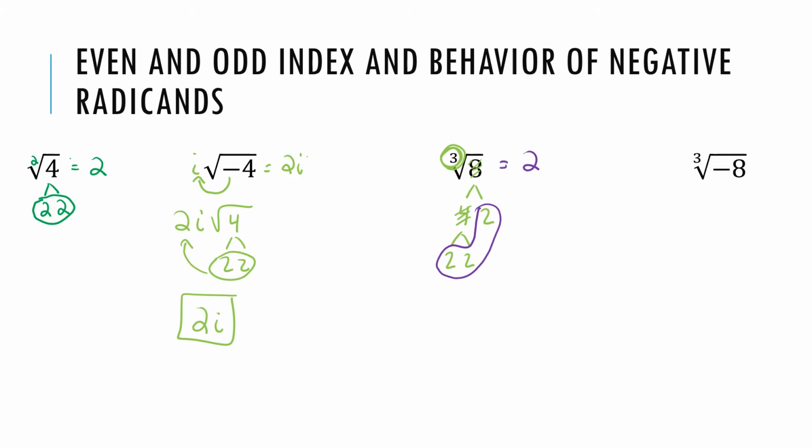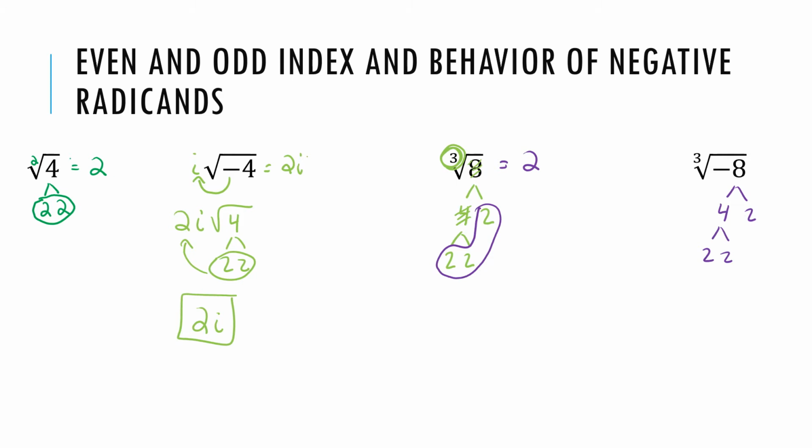Now when it comes to the cube root of negative 8, you can play with it a little bit. You can have, say, a 4 and a 2. One of them is going to need to be a negative. Then if you say 2 times 2 is 4, I do not have 3 of the same number. But I can manipulate these numbers a little bit.